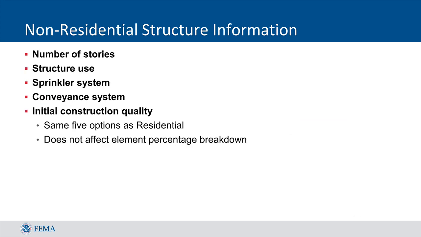When performing a non-residential assessment, there is less information that you need to provide to complete the assessment in terms of the structure information. In addition to the number of stories and structure use, you may also be asked if there is a sprinkler system installed in the structure or if there is a conveyance system.